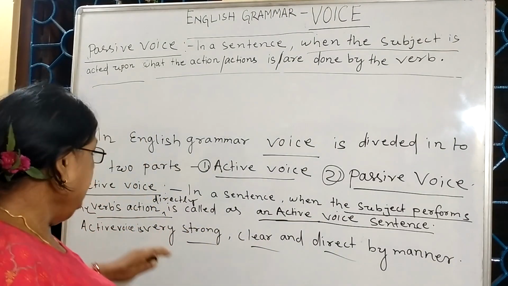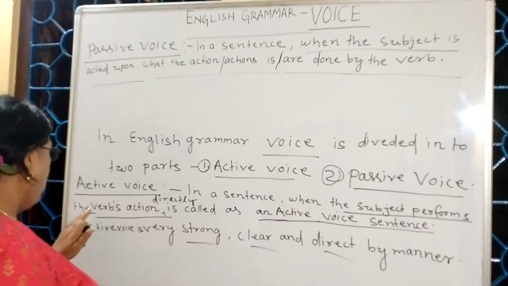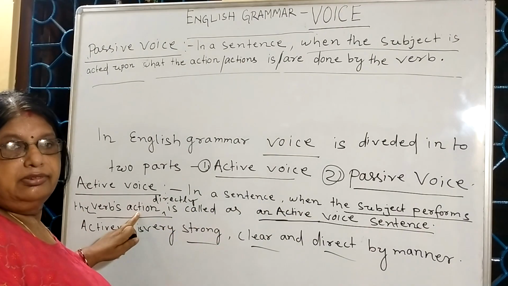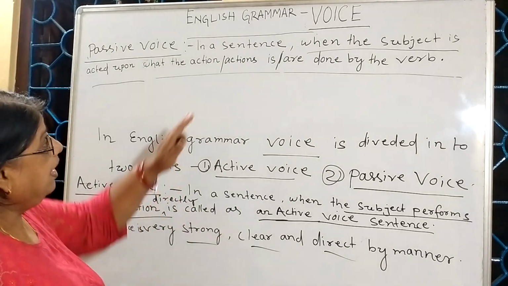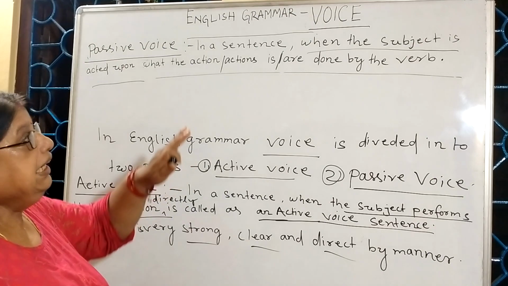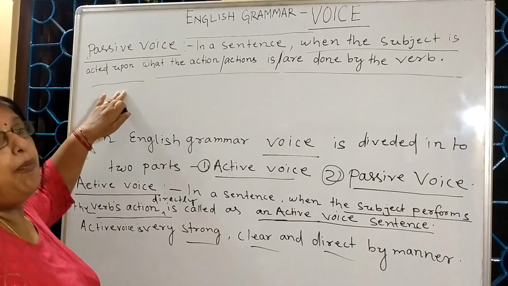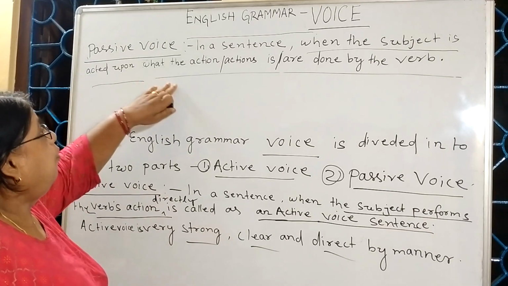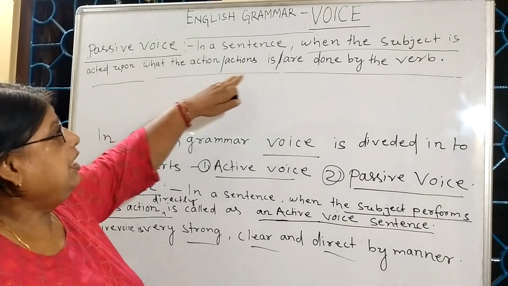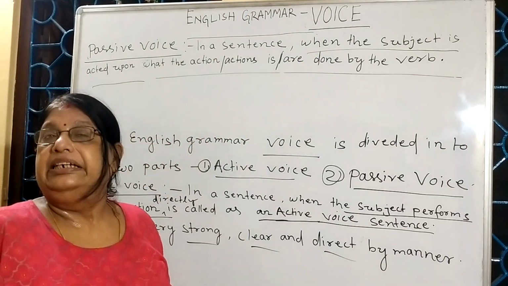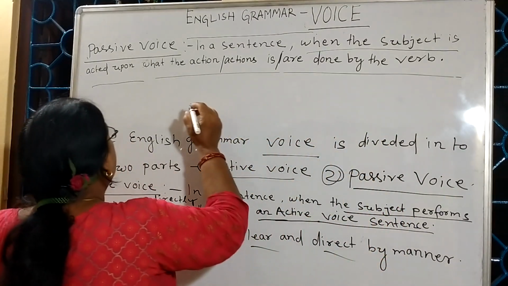So, active voice is when the subject performs the verb's action. It is very clear and direct by manner. But in passive voice, when the subject is acted upon, the action or actions are done by the verb indirectly. It is indirect by manner.